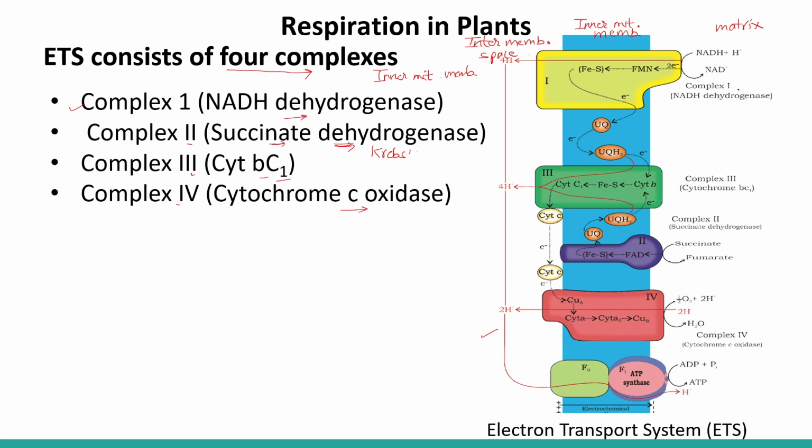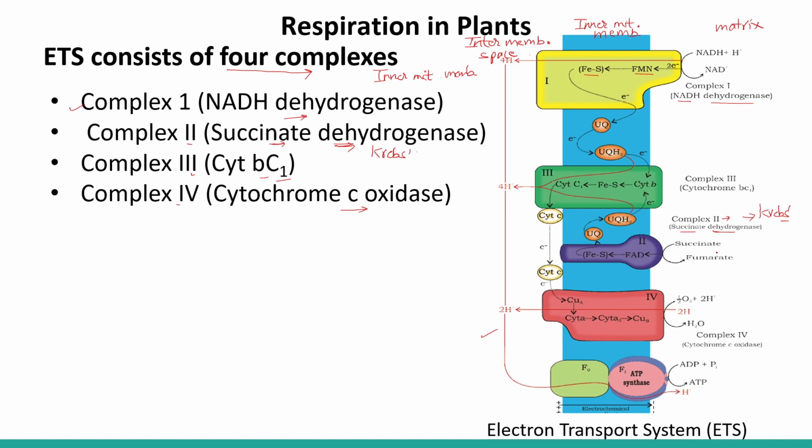In this figure you can see complex 1, which is NADH dehydrogenase. It consists of FMN and is associated with an iron sulfur protein. Then we have complex 2, succinate dehydrogenase. This enzyme is directly linked from the Krebs cycle to the electron transport chain.